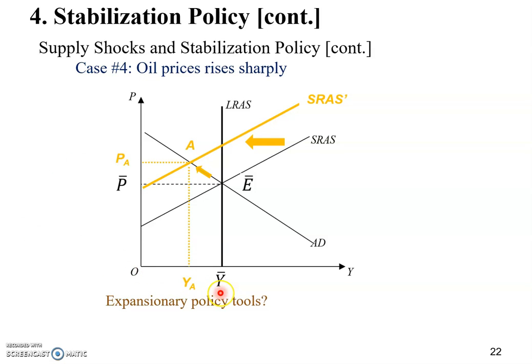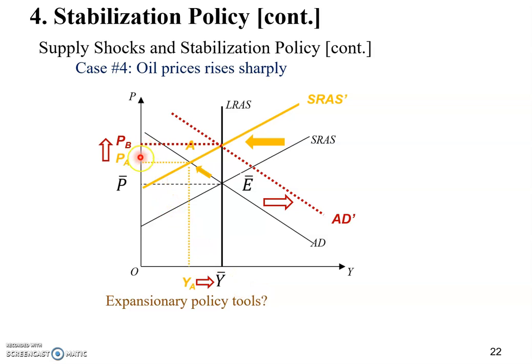Once again, we could use the expansionary policy tools, and that way we could shift the AD curve to the right. If that's what we choose to do, then the output level goes back to Y bar, the original long-term potential level of output, which is good, which is what we want to see.